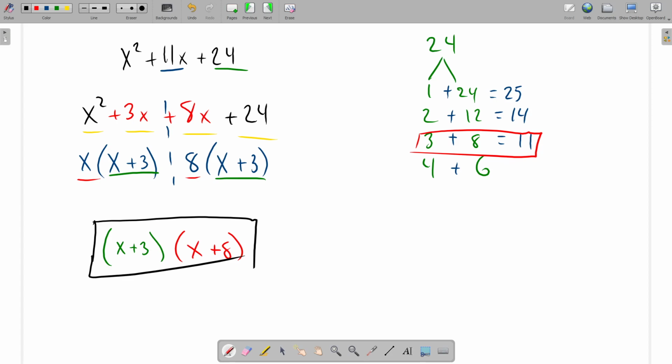So x plus 3 times x plus 8 are the two factors that multiply to make this polynomial x squared plus 11x plus 24. So what we're doing is we're rewriting this quadratic into a polynomial with 4 terms so that we can factor by grouping. That's the strategy.